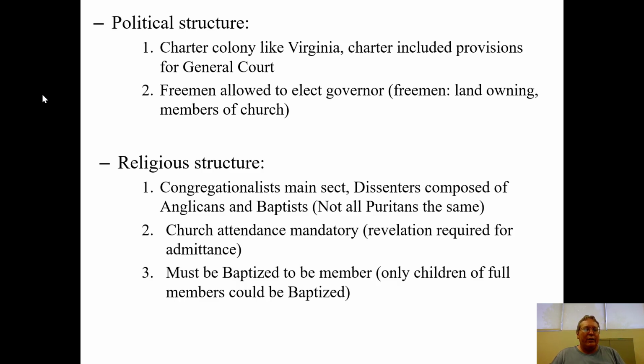So what you're going to notice is pretty soon, it's going to be hard for these Puritans to keep people coming to their churches. When they say, hey, both of your parents have to be members of our church for you to be a member of our church, that becomes more difficult as more and more non-Puritans start showing up in Massachusetts and other colonies. So what I'm trying to point out for you guys, these Puritans have a mission, if you will. They want to prove that their way of life is the right way.